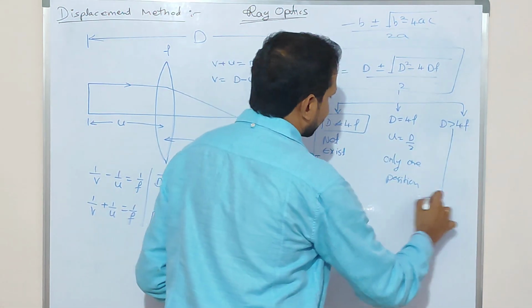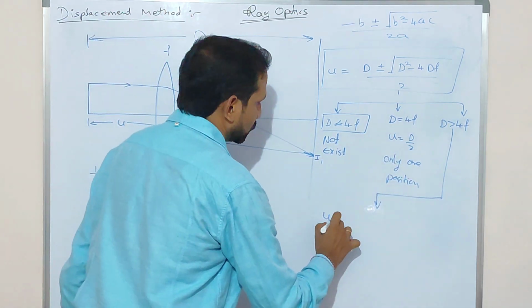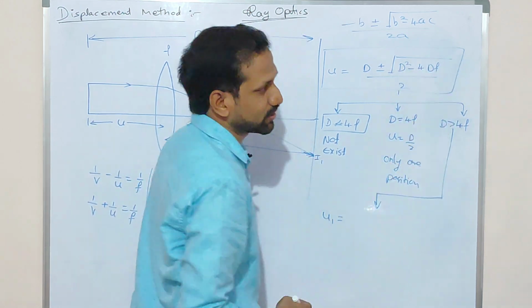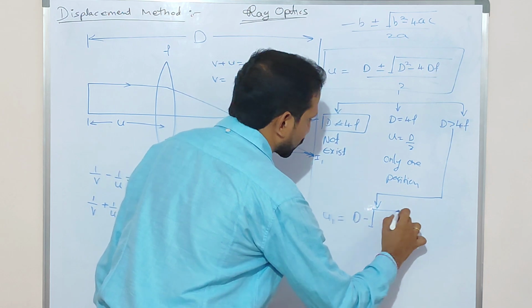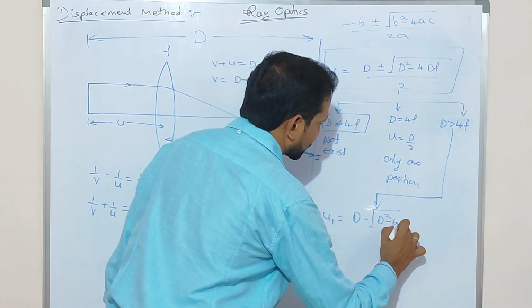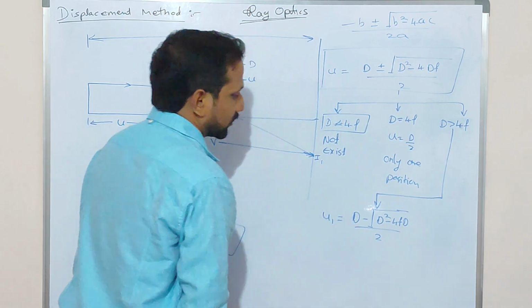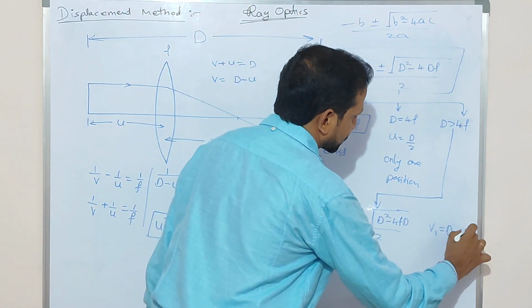Then it will have two cases. They are u1, when you take d minus under root of d square minus 4fd, by 2, that is u1. The corresponding v1 will be d minus u1.